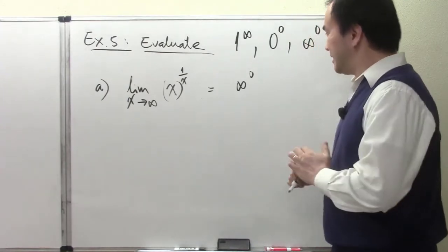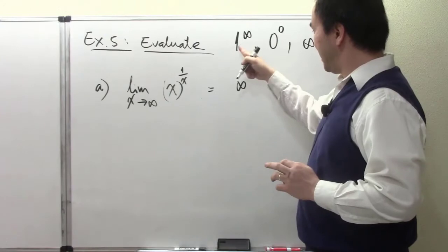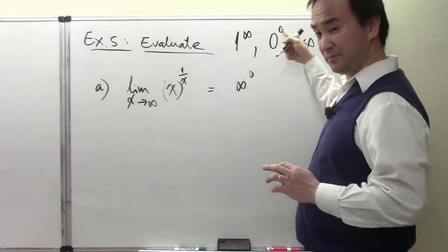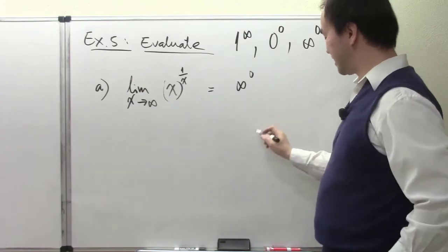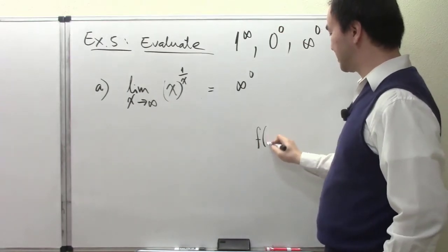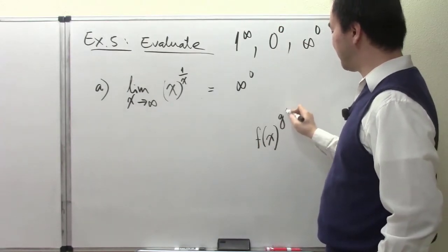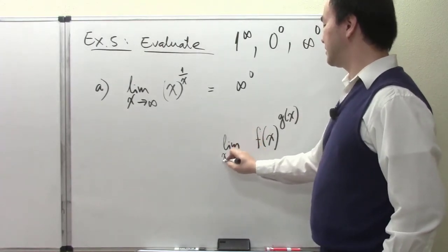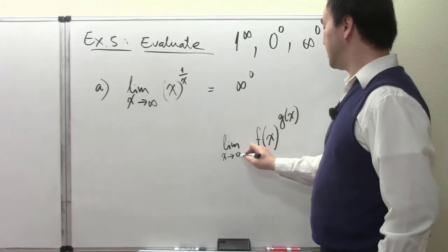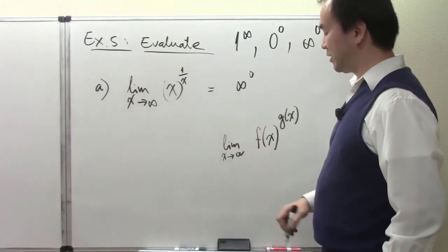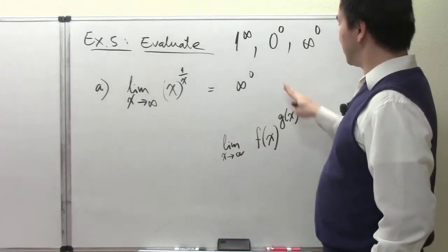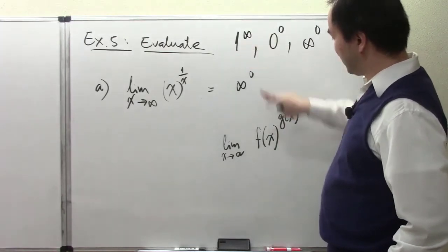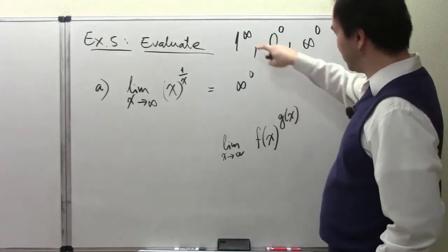Generally, any of these three indeterminate forms came out from one function raised to another function, and then we take the limit, either to a value or to infinity. This can be the case where f goes to 1 and g goes to infinity.